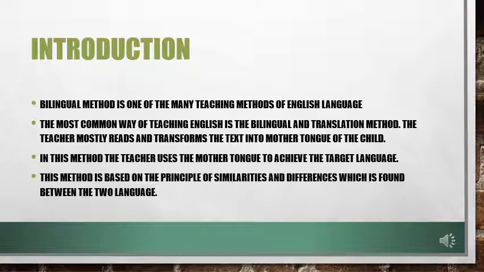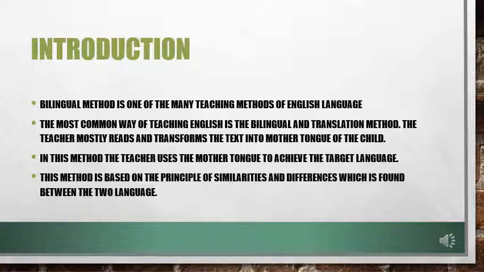The bilingual method of teaching the English language was developed by C.G. Dodson in the year 1967, and this method was framed as a counterpart of the direct method and grammar translation method.